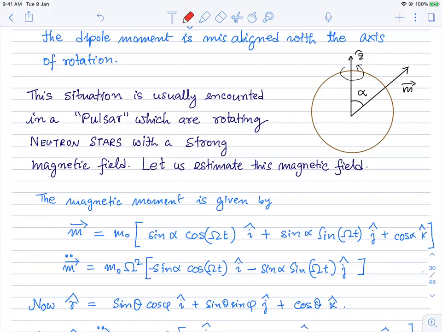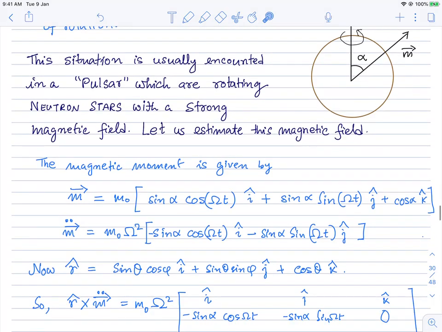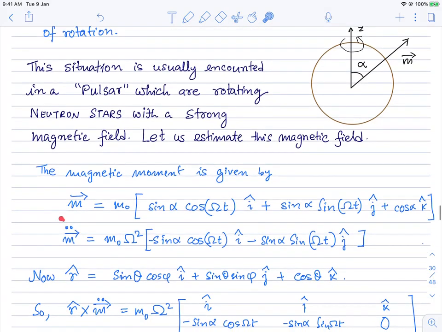Let's say there's some fixed dipole moment along some direction, and this object is being rotated along another direction. So there's an angle between the rotation direction and the dipole moment, but the magnitude of the dipole moment is fixed.